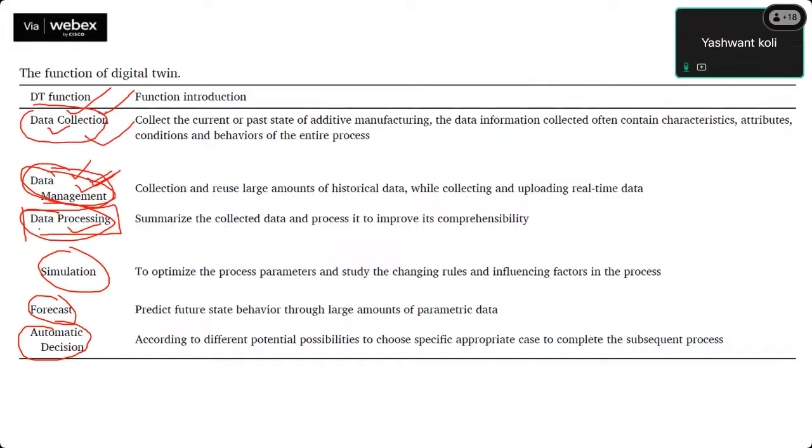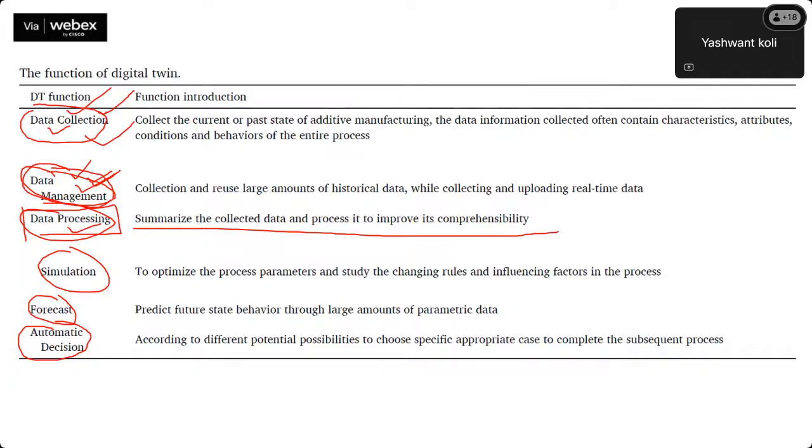Raw data is not needed every time, but it is transformed into meaningful information to be utilized for improving the quality of WAM. So this step is very important. Which data to neglect and which data to use, that is the role of data processing.